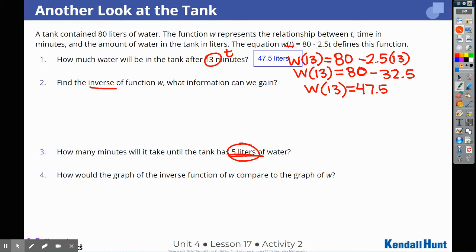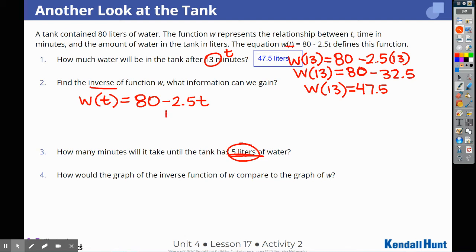So let's start with our function. We have W of t equals 80 minus 2.5 t. So instead of having this solve for the output, we need to rearrange this and solve for t. And so we're going to just switch the W of t and the negative 2.5 t.